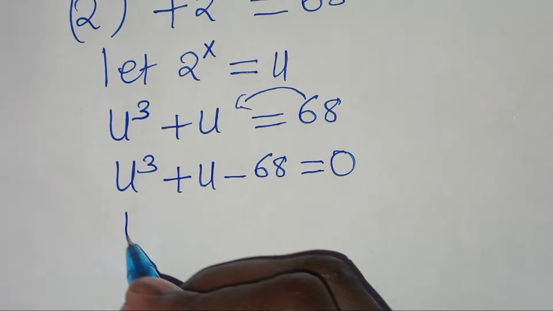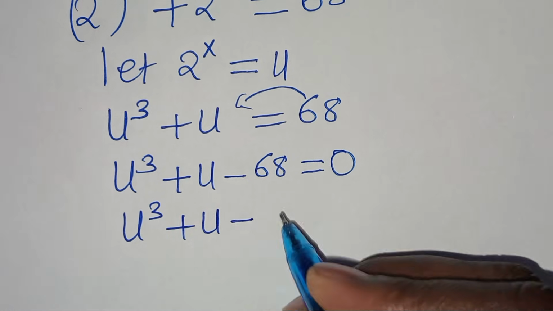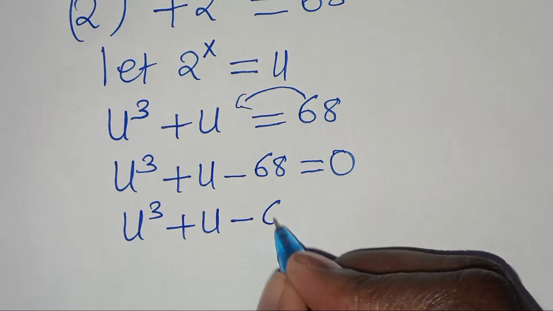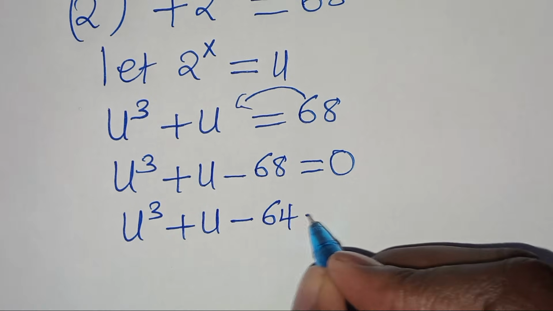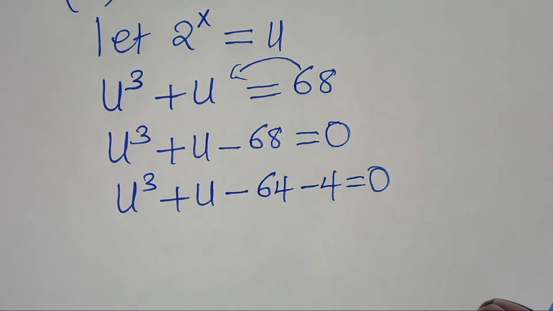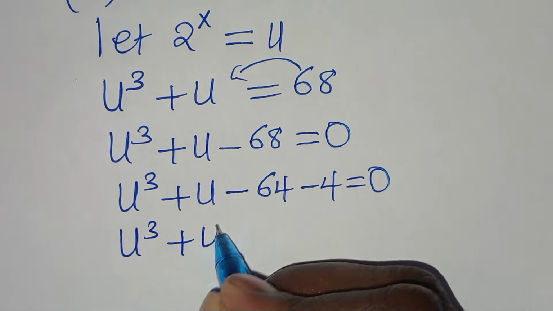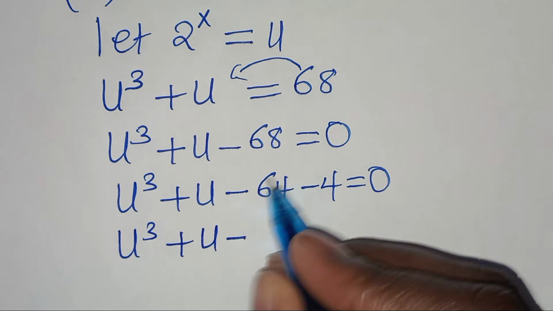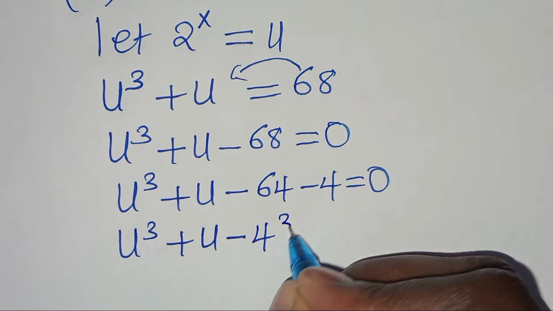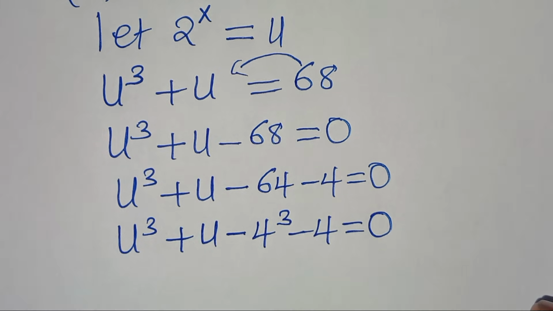So this is u to the power of 3 plus u minus 64, minus 4, equal to 0. Now this is u to the power of 3 plus u, subtract 64, which is 4 to the power of 3, then minus 4. This is equal to 0.